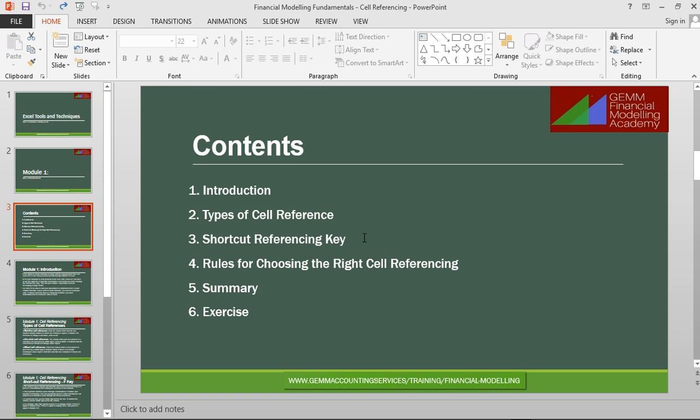Now, what are the rules for choosing the right cell referencing? Rule one: if you copy a formula into other cells in the same row, and you do not want the column letter of a cell reference in it to change, then that cell address should use mixed references with absolute reference for the column.